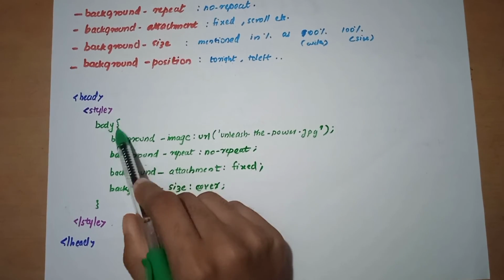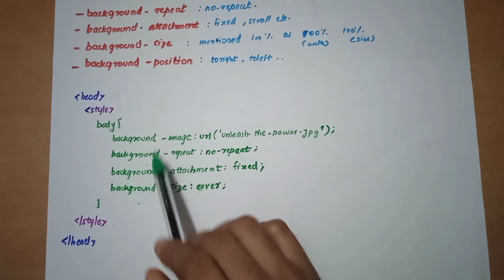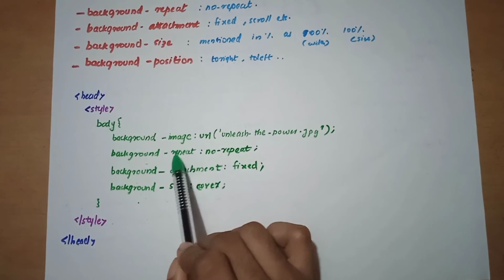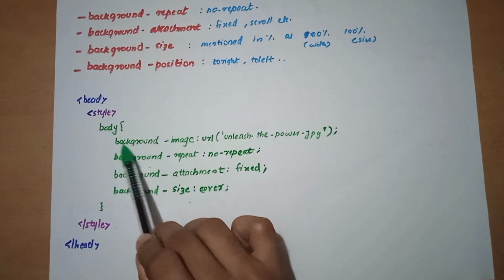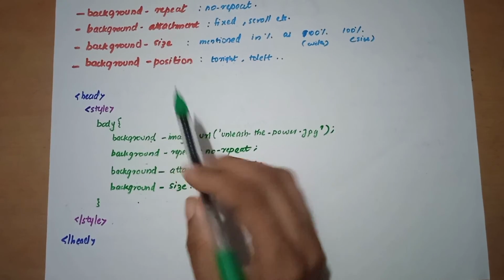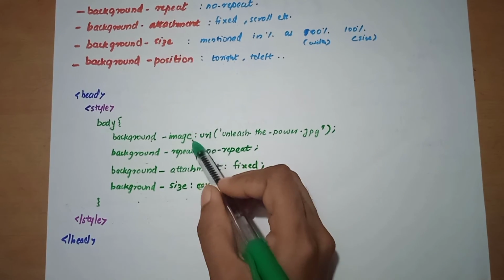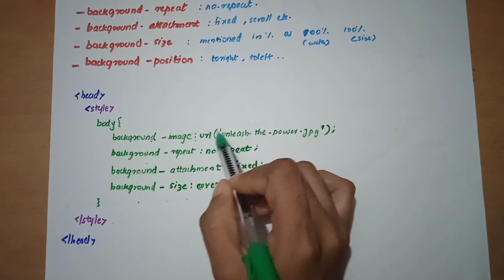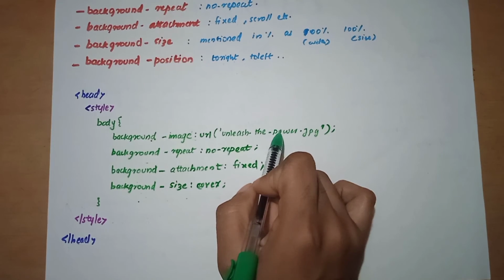I opened the braces, and inside that I remove all these things, and all you need to do is write background to display each of these properties.